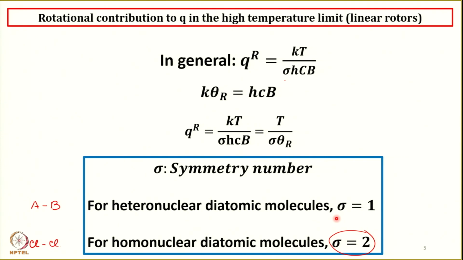By now we have completed the translational contribution and the rotational contribution, but only for a linear molecule, to the overall molecular partition function. In the next lecture, we will continue our discussion for nonlinear molecules.